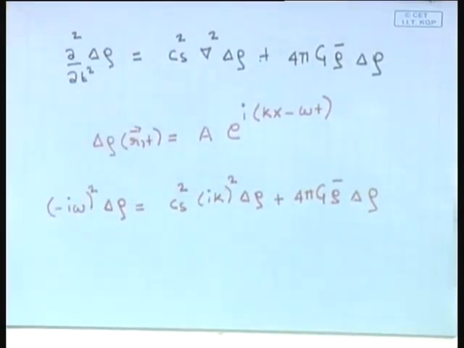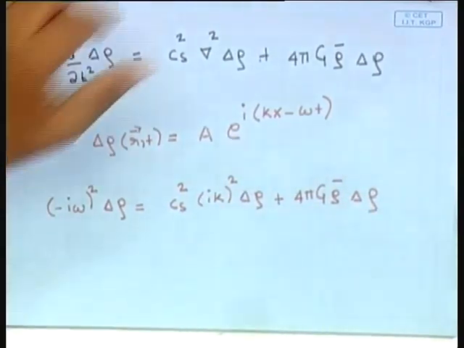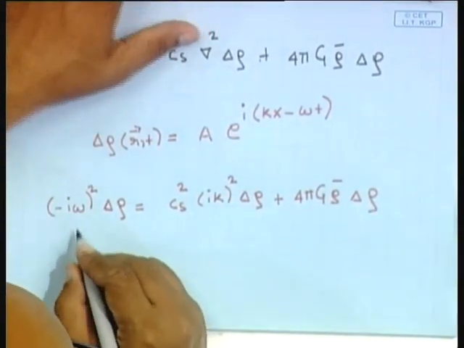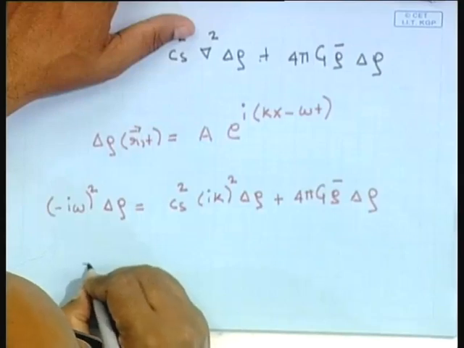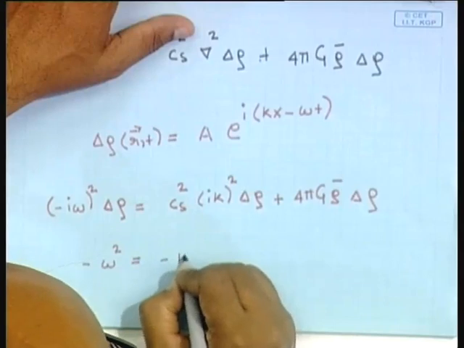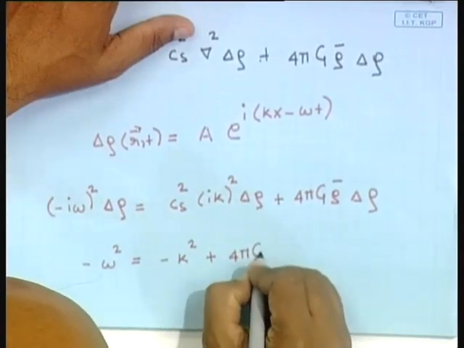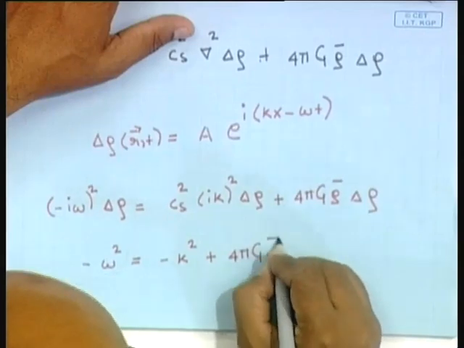So you can subtract out delta rho throughout, and what you get is minus omega square is equal to minus Cs square k square plus 4 pi g rho bar.